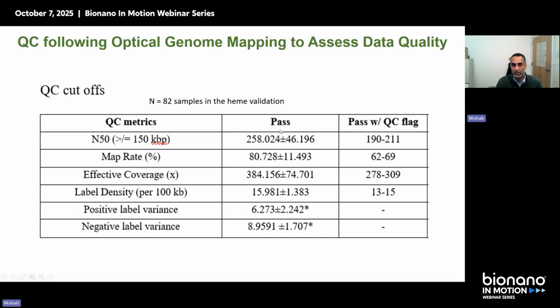We do QC flag these in instances where it's below, and each lab has to come up with their own parameters. There are some recommendations in the framework paper, but when 2 of these are out of bounds, we have to look at the data and review it to see if it's still analyzable.